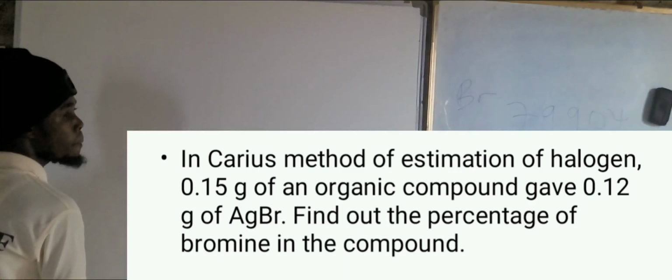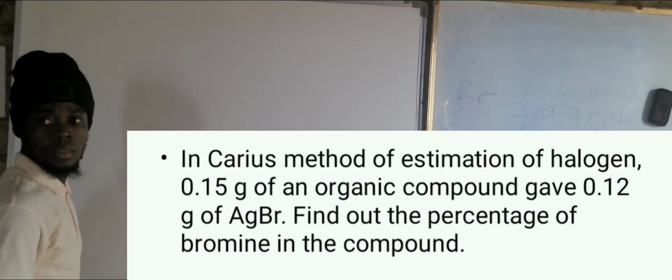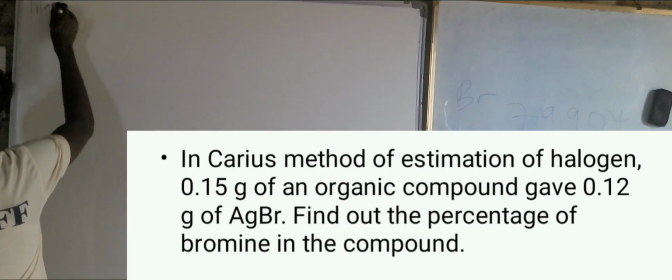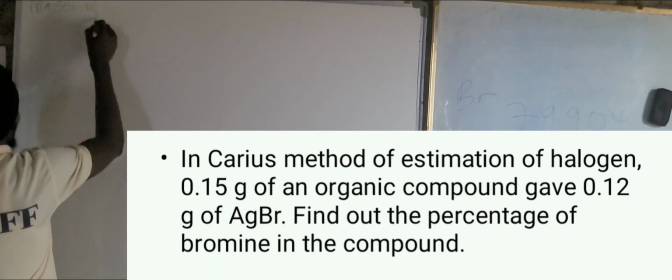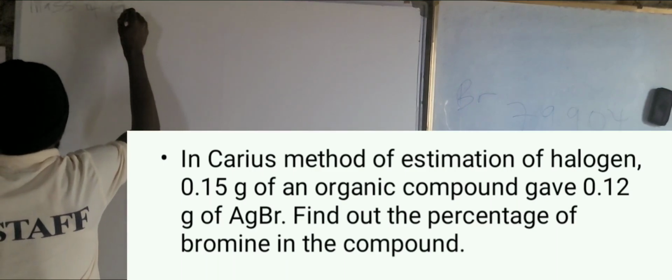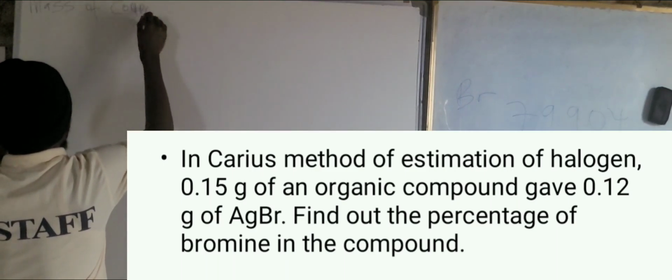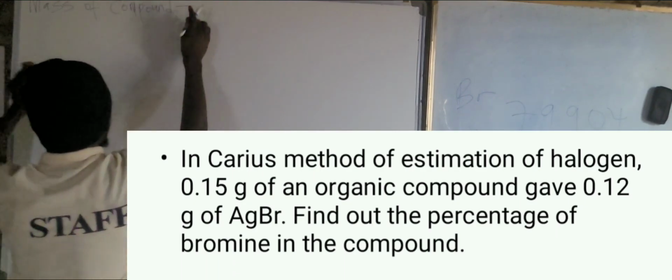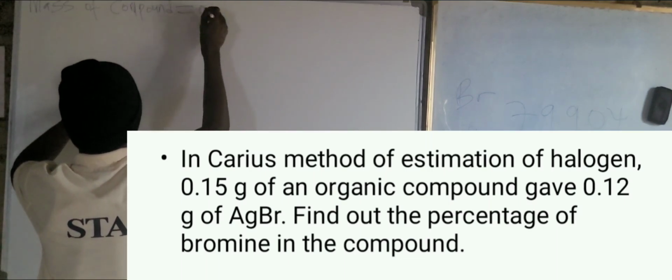In Carius method of estimation of halogen, 0.15 gram of an organic compound. Now, mass of the compound, right? Mass of compound here is equal to 0.15 gram.